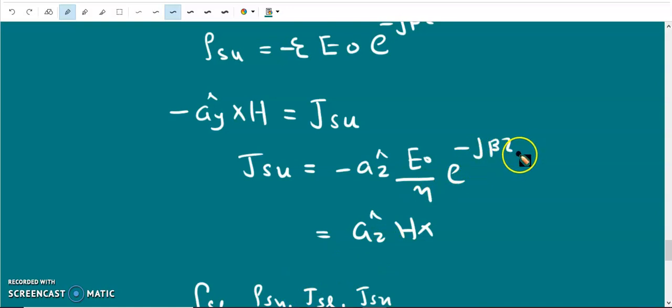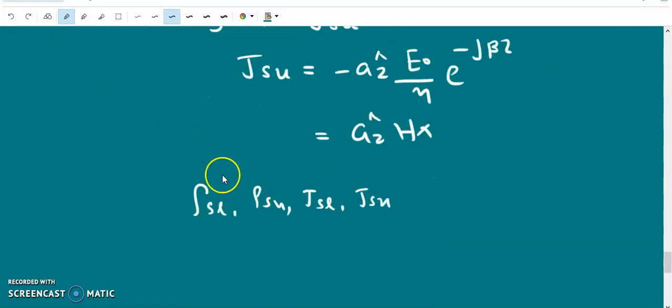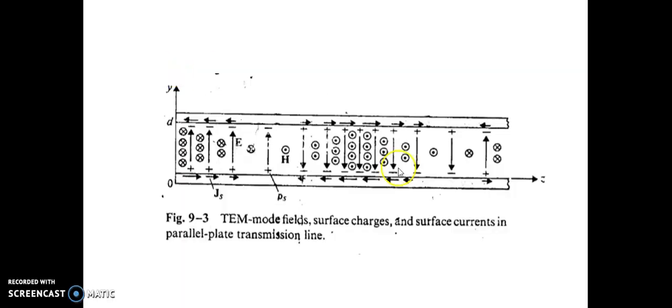That means these vary sinusoidally with z. So these are the sources. So since the sources vary sinusoidally with z, the corresponding fields Ey and Hx also vary sinusoidally with z. So this is illustrated in this figure.